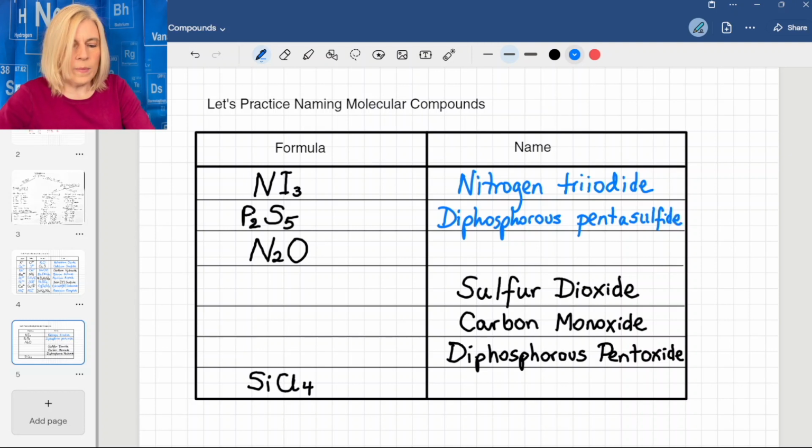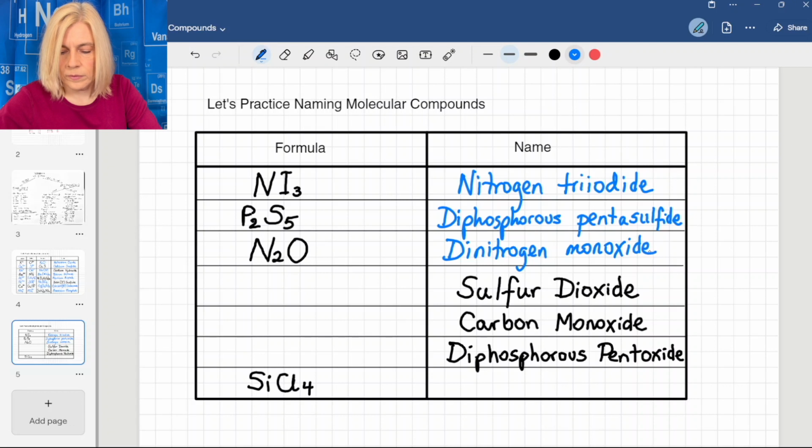Okay, what about this one? N2O. So we're going to say it's dinitrogen. And now we're going to say monoxide. Dinitrogen monoxide. What's dinitrogen monoxide? It's laughing gas.